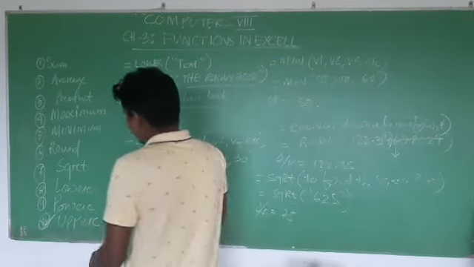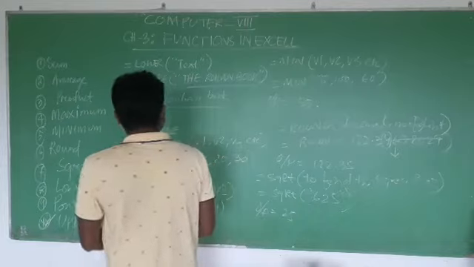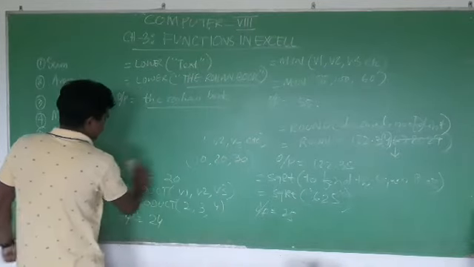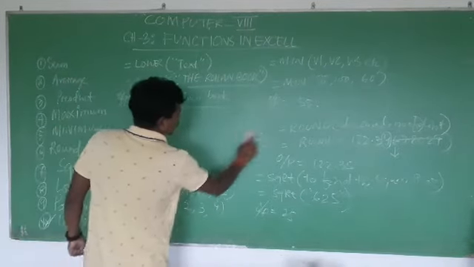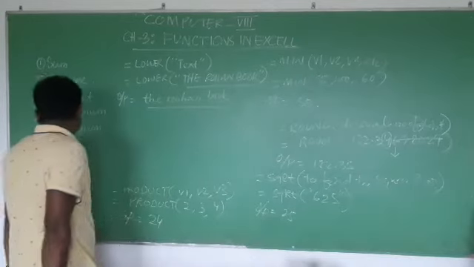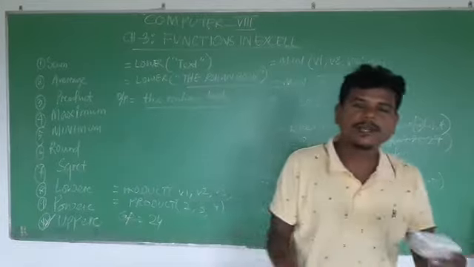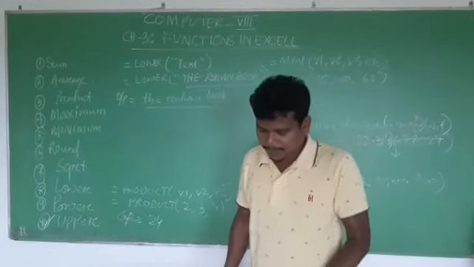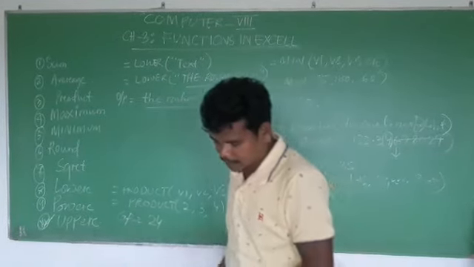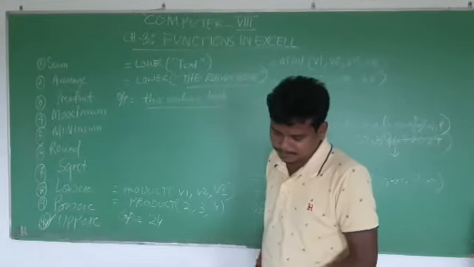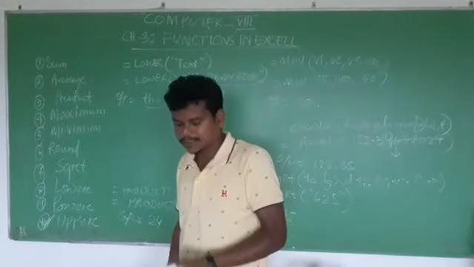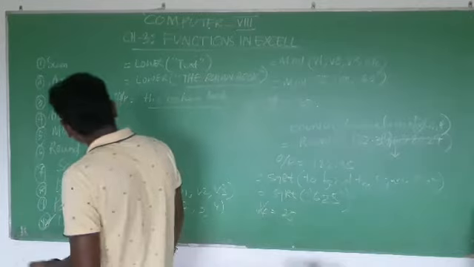Now the rest is left: power. How to calculate the power? Lower and upper are the same case, just equal and opposite. For power, the function is used to find the power value of the given values, base and exponent.